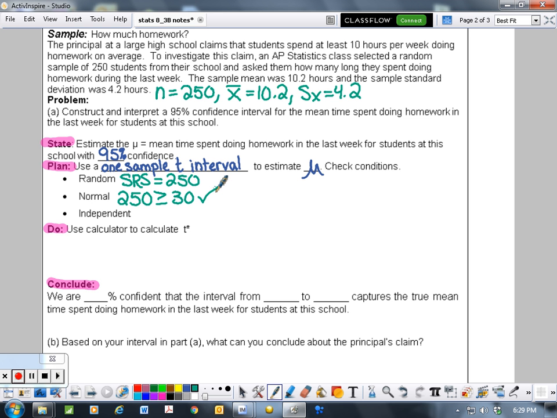Well, it's reasonable to assume there's more than 2,500 students in a large high school. That's why they say at a large high school, because everywhere but Alaska, a large high school easily has more than 2,500 students. We're looking at more like 4,000 students.